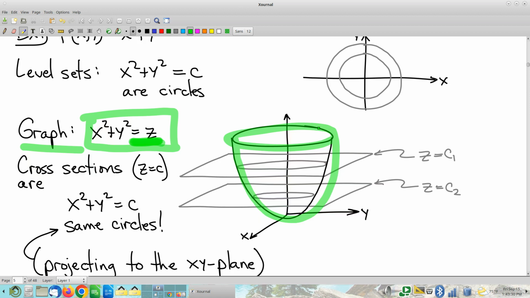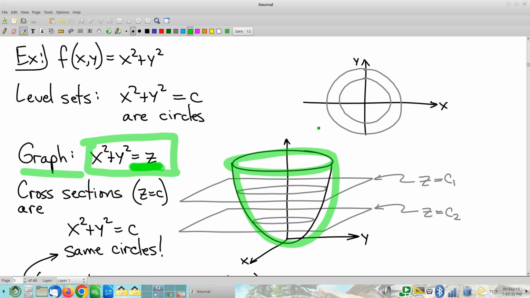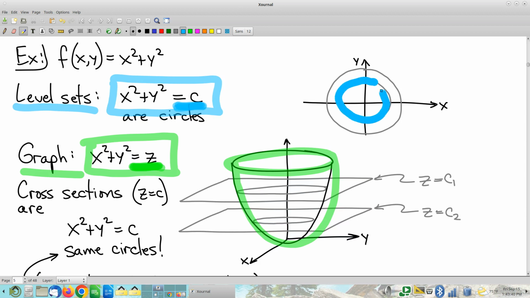By contrast, level sets, again, what you get by setting it equal to a constant, give you circles. So again, very different pictures, two very different pictures describing in their different ways the exact same function.